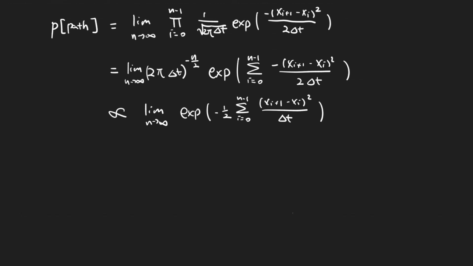And if we look at this sum inside the exponential, it actually looks like an integral when we take the limit. So basically, when we have some function f of t with a range from 0 to capital T, then we can break the time into n intervals from t0 to tn.